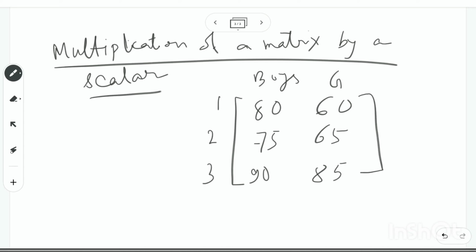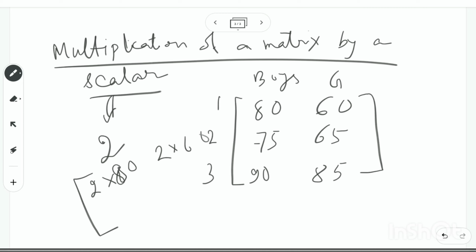Now suppose the revised quantity produced by factory A is double. So the scalar is 2, and the matrix will be 2 into 80, 2 into 60, 2 into 75, 2 into 65, 2 into 90, 2 into 85. So this is the revised quantity.